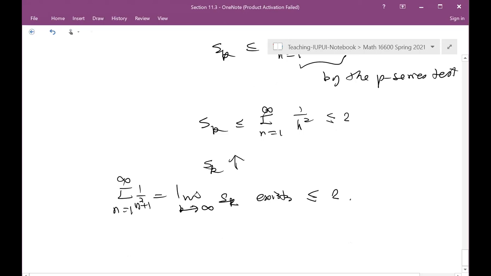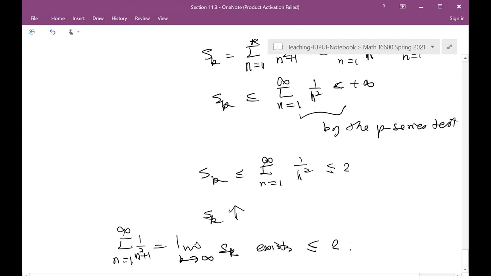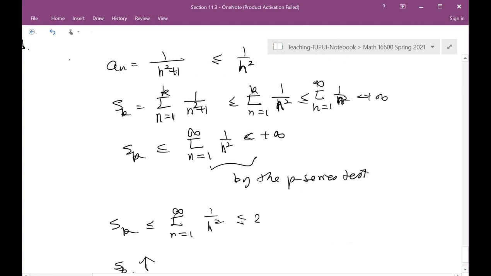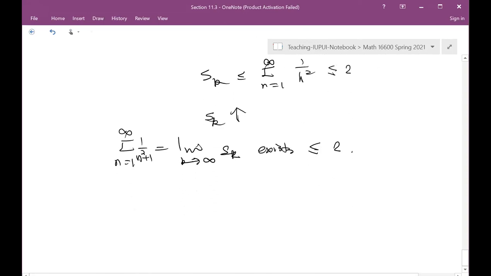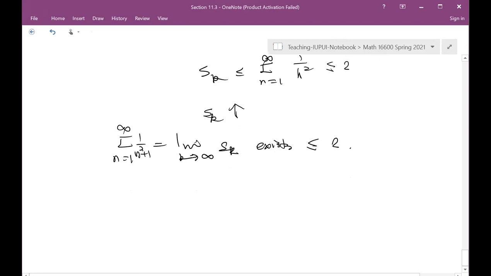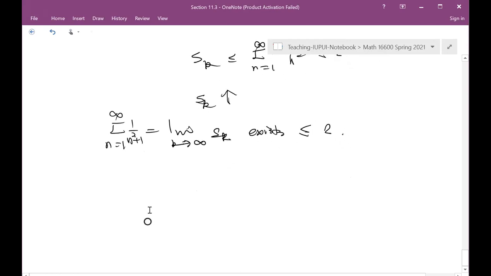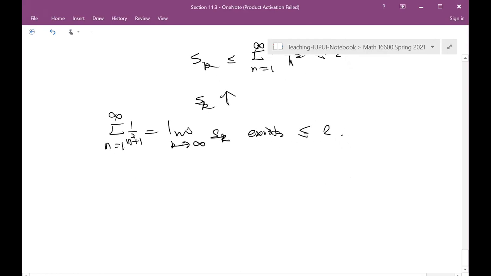So you can avoid using the integral test, but actually you still use the integral test indirectly, because you already use a known result, which is the p-series test. To prove the p-series test, you use the integral test. But you don't need to repeatedly use the integral test to prove it's convergent. And we also get an upper bound. We don't have a lower bound here from it.